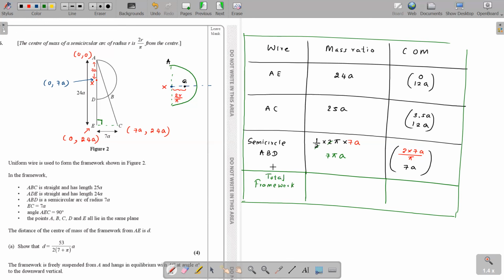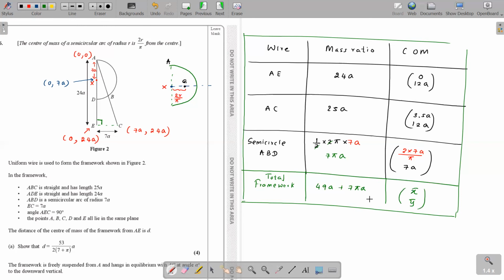If I have to get the mass, I have to add all these, right? 24A, 25A and 7 pi A. 24 plus 25 is 49A, right? 49A plus 7 pi A. I think that's the best we can do at this point. And then the center of mass coordinates are x bar, y bar.